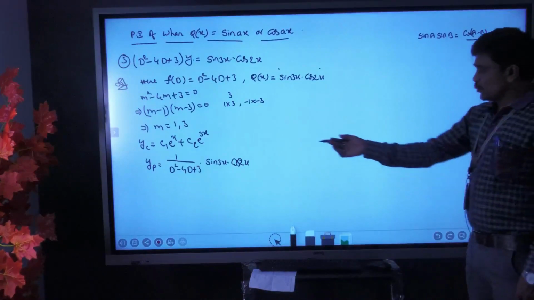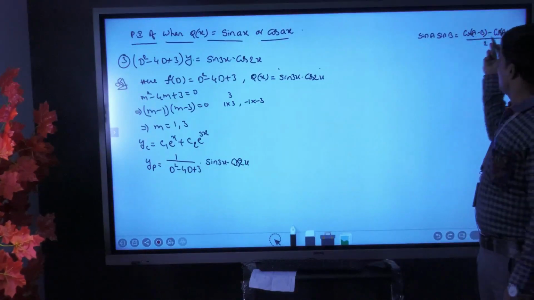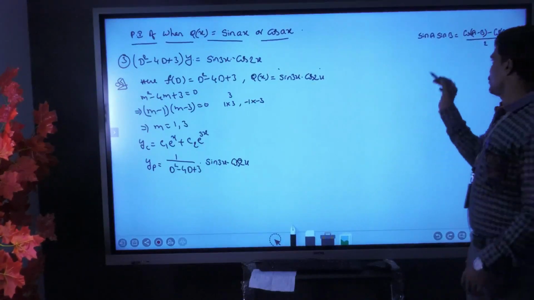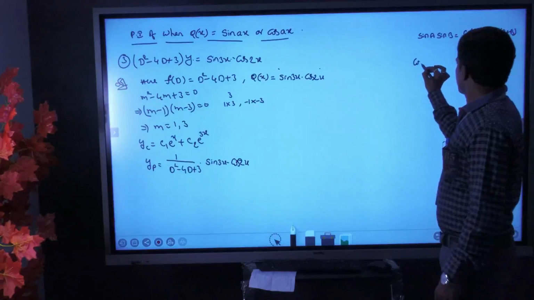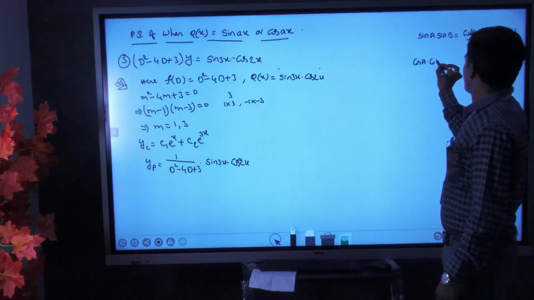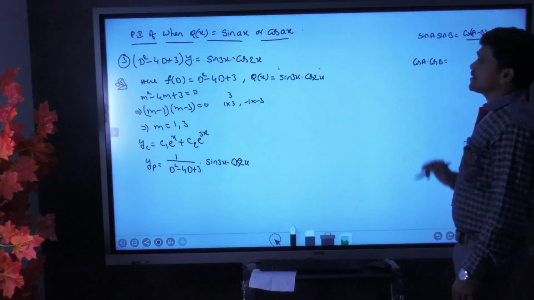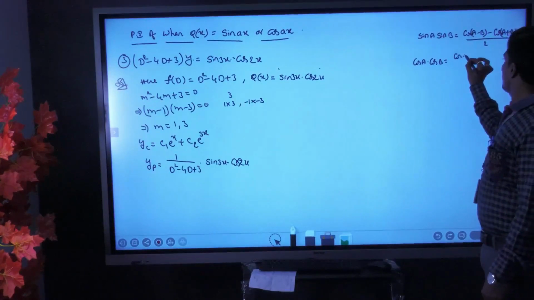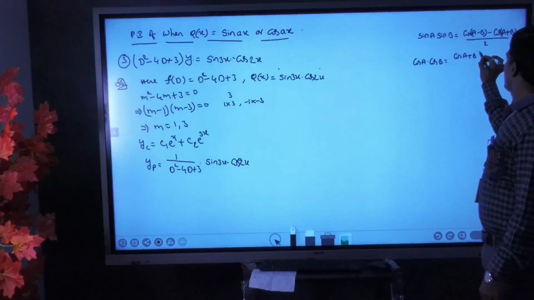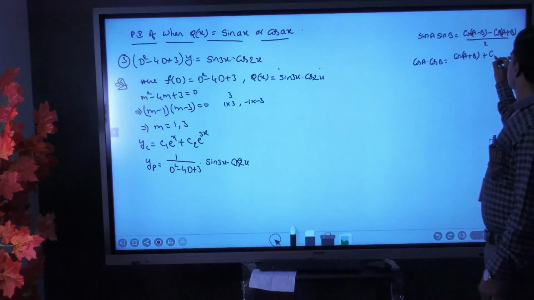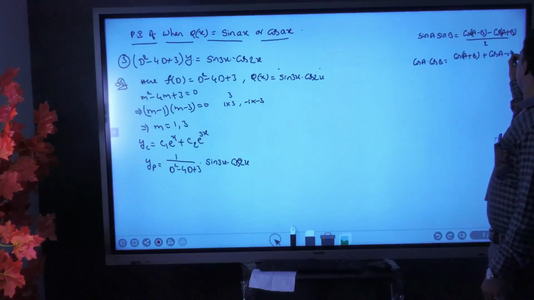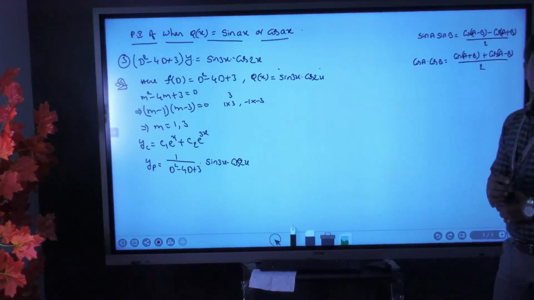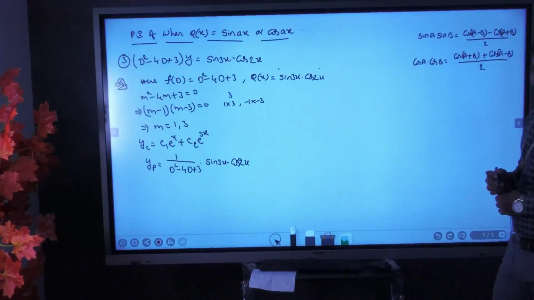If q is sin a sin b form, then we write cos a minus b minus cos a plus b by 2. Suppose q is cos a cos b form, then we write cos of a plus b plus cos of a minus b by 2.